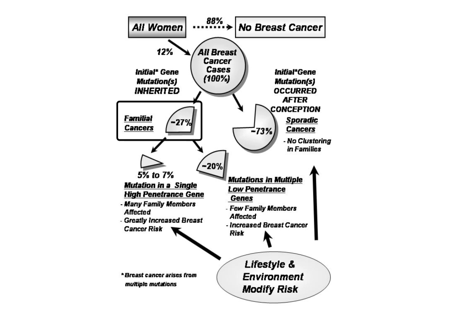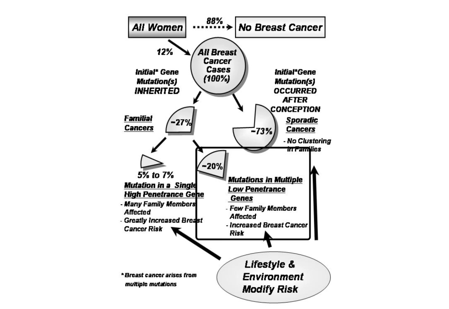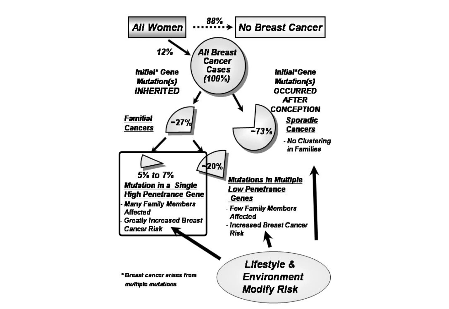But about 27% are familial cancers. 20% of those are what are called low penetrance. That is, not everyone who has those particular genes will develop breast cancer, but many will. 5 to 7% in here have what are called high penetrance, in that if they have those particular genes and mutations, then they have a much higher likelihood of developing breast cancer.